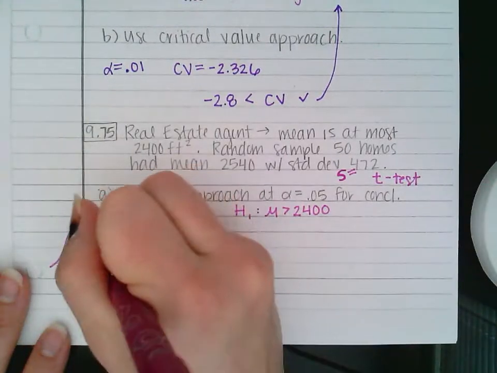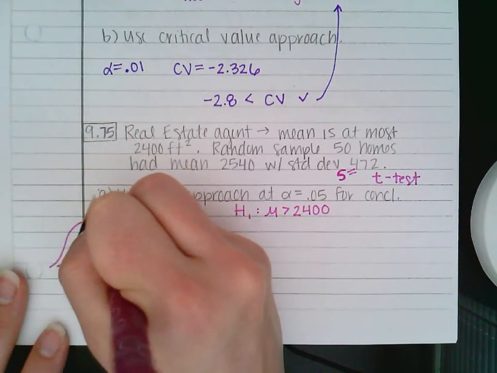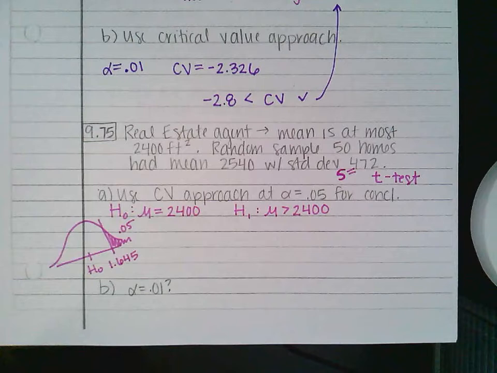I'm going to look up that critical value, and I'm going to get 1.645. As long as the T that we're going to try to find is bigger than 1.645, then I have significant evidence here.